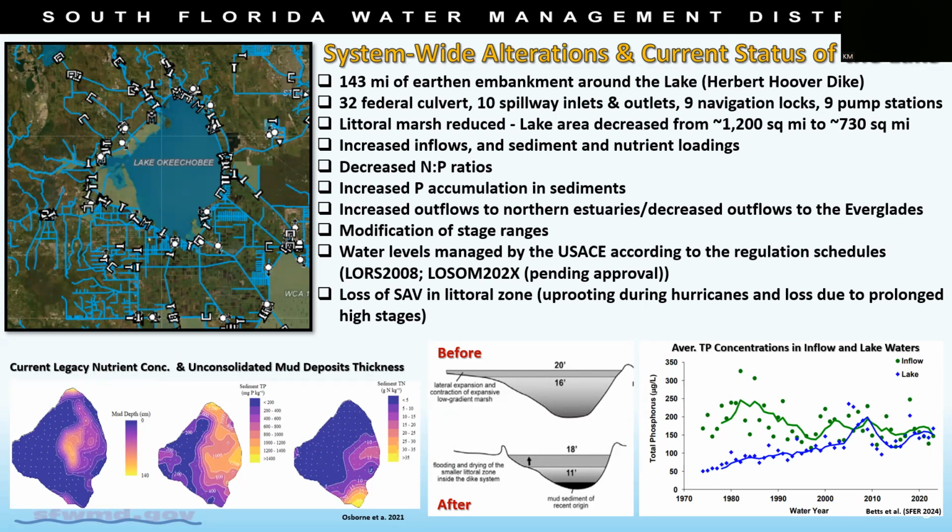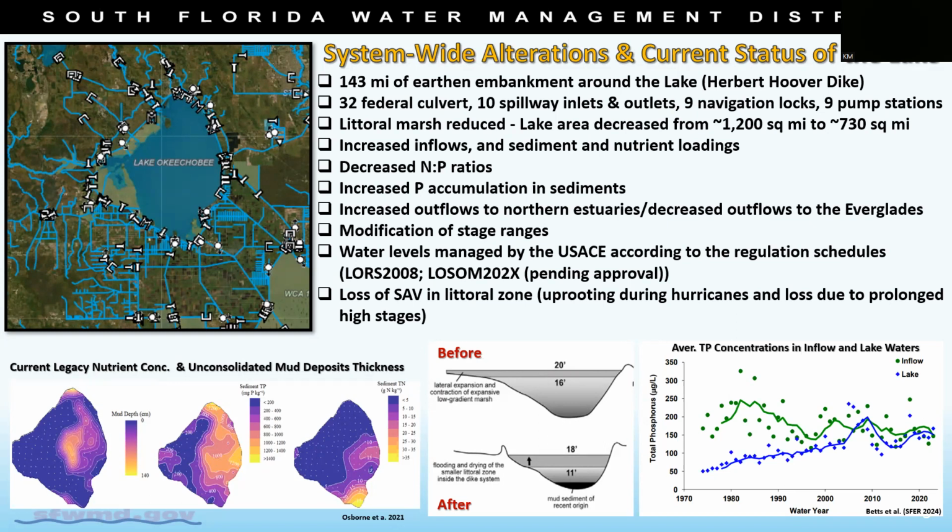And on the other side, we have another structure, Moore Haven, which is known as S78 structure. That structure connects the lake with the C43 canal that connects the lake with the Caloosahatchee Estuary on the west coast.